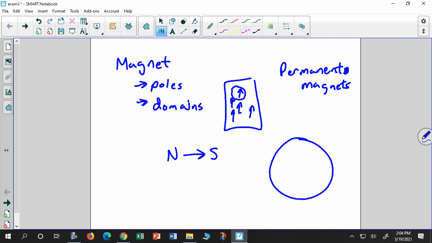Understand the Earth too: at the geographic North Pole and the geographic South Pole, this is actually the southern magnetic pole and the northern magnetic pole. They're just opposite one another. So if I have a compass, the North Pole of that compass points towards the southern magnetic pole, which is the northern geographic pole, and the South Pole of that compass points towards the northern magnetic pole, which is at the southern geographic pole.